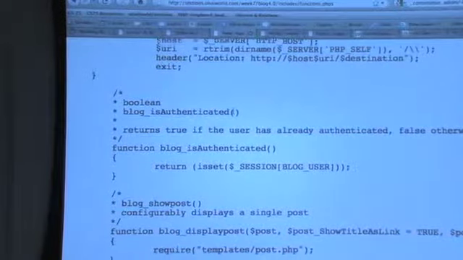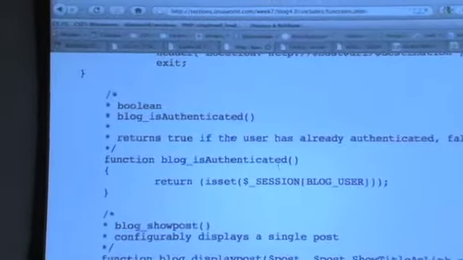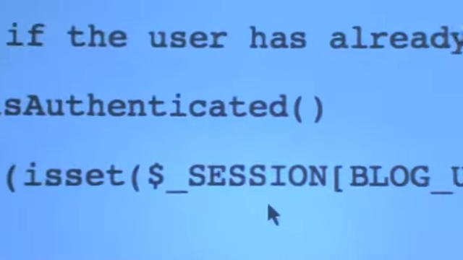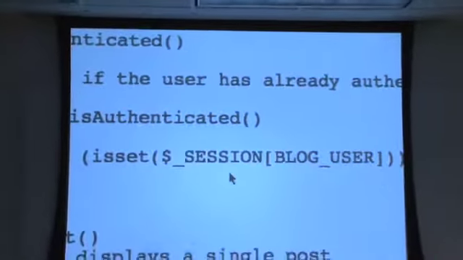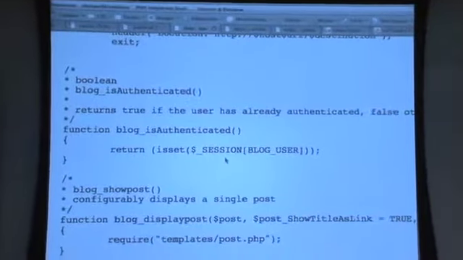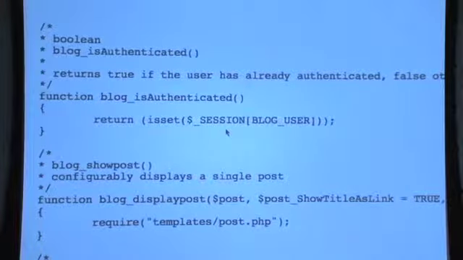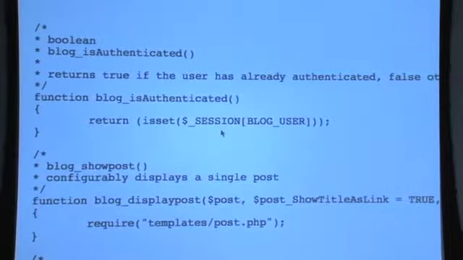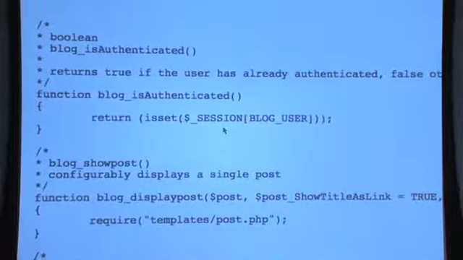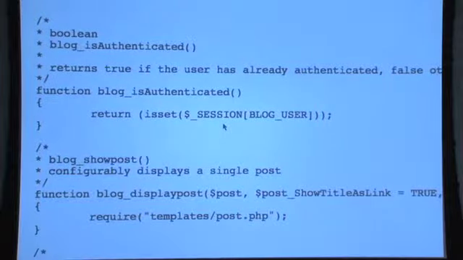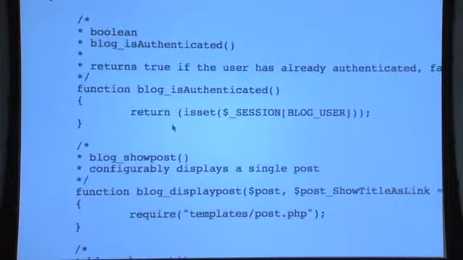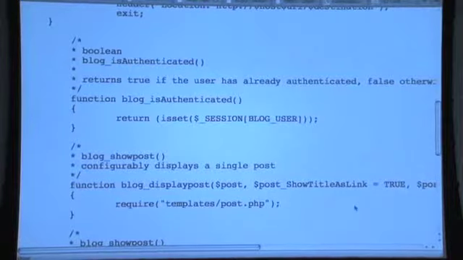Blog is authenticated basically just returns if this is true or not. We've seen how authentication works a bunch of times. To briefly summarize it, you have an authentication flag in the $_SESSION superglobal. You set that to true if the user is logged in. If not, you set it to false. And it returns true or false.